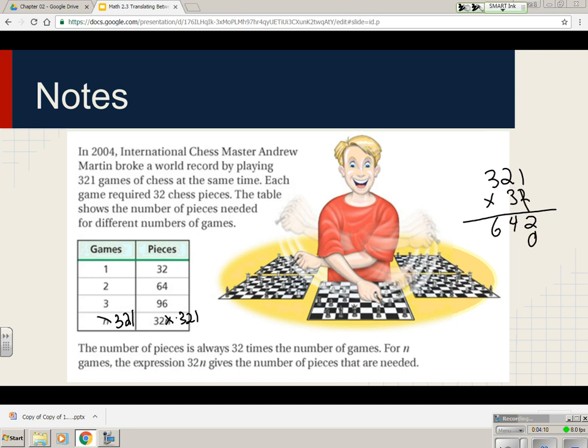Put a 0 here to represent we're done with the ones. 3 times 1 is 3, 3 times 2 is 6, and 3 times 3 is 9. So how many pieces did he play with? It would be 10,272 pieces. That's not counting the boards themselves. That's a lot of pieces that Andrew had to be aware of at one time. Not only did he have to be aware of the other person's pieces, he had to be aware of his own. So let's talk about how we can use this information to solve some other scenarios.